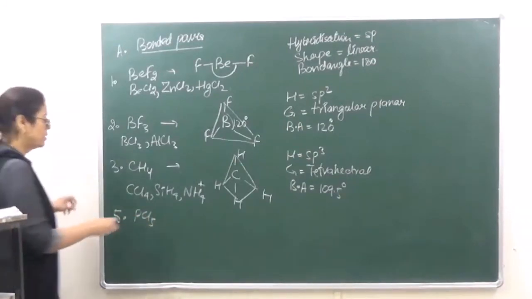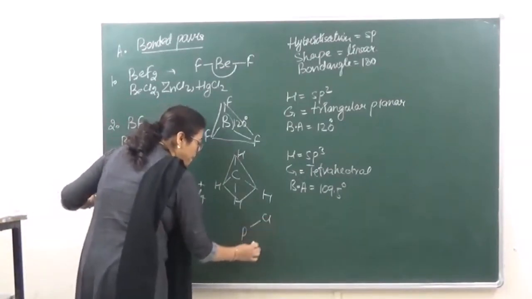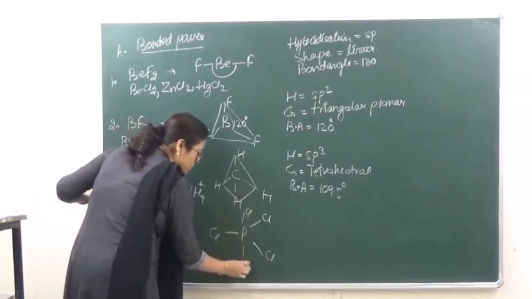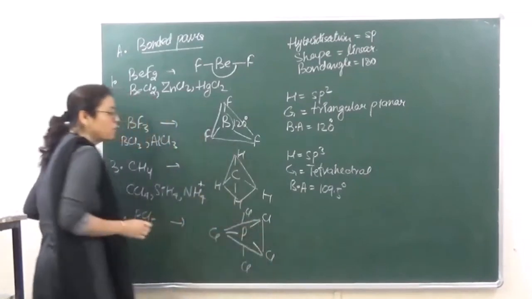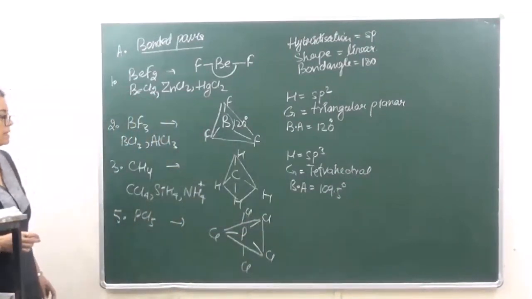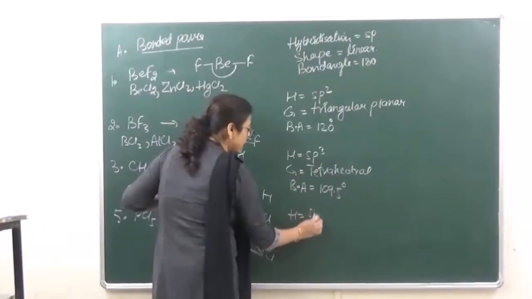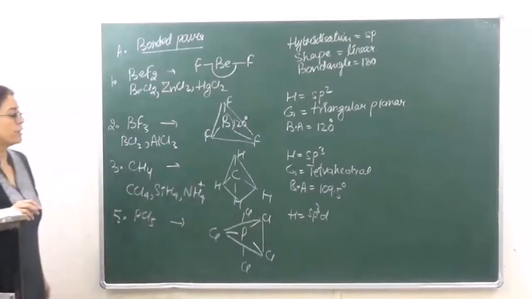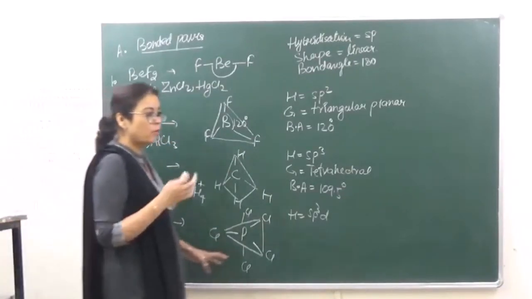PCl5. So PCl5 has this kind of a structure. PCl5 hybridization is sp3d. Okay, so इसपे जो D participate कर रहा है, we have 5 D orbitals ना.